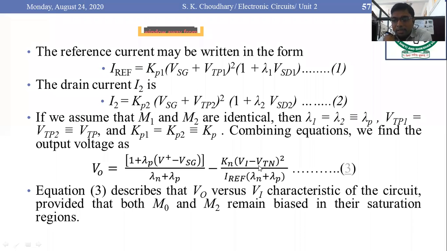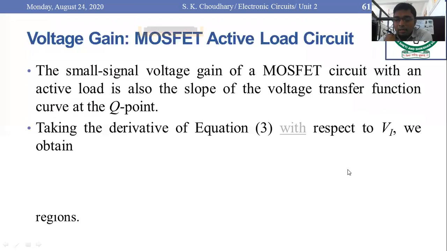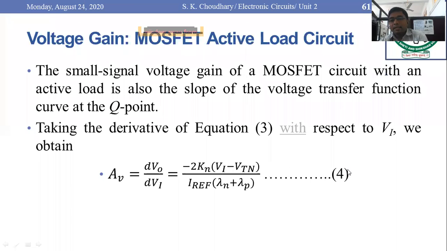The variable is Vi minus Vtn whole square. As per the derivative of x square with respect to x, that is 2x. So here the answer would be twice of Kn into Vi minus Vtn upon I reference into lambda n plus lambda p. So this is your dV0 upon dVi, and that is your voltage gain.